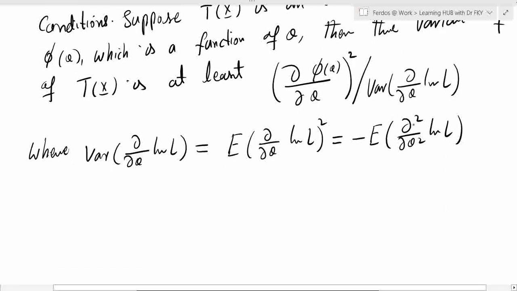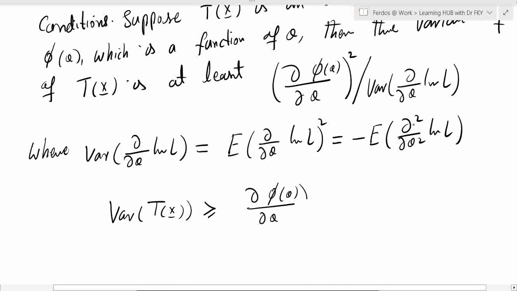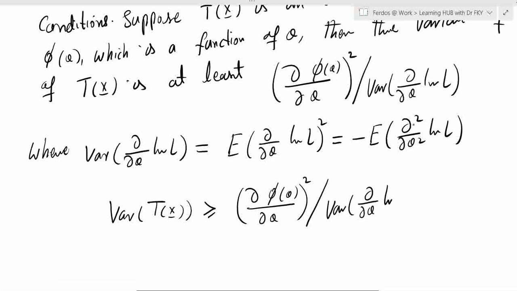In other words, briefly we can say the variance of T of x is greater than or equal to phi prime squared divided by this. So we need to prove this.